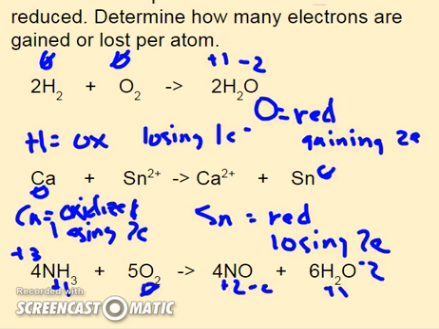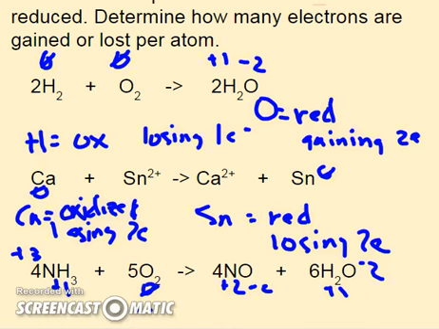So nitrogen's going from a +3 to a +2, so it's being reduced and it is gaining an electron in the process. Oxygen is going from 0 to -2. Which I got this backwards here.